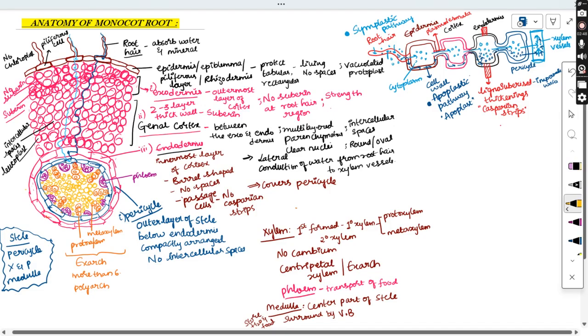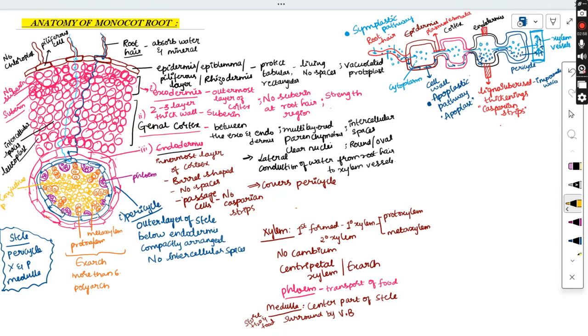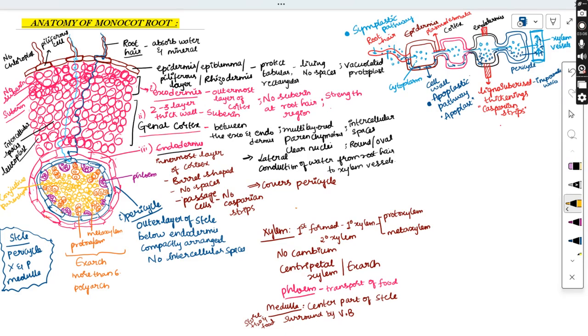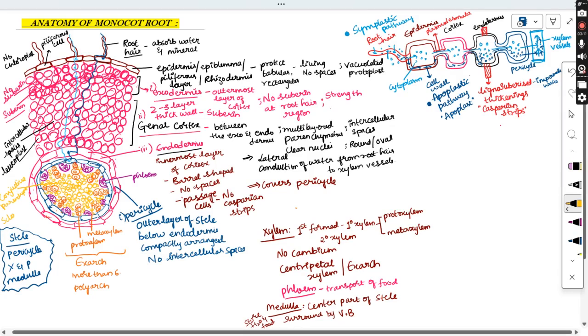So this whole yellow colored region of cells connecting the xylem and the phloem strands is called conjunctive parenchyma. Initially it is parenchymatous, but as the root gets older, this parenchyma will become sclerenchyma to provide extra strength and support.